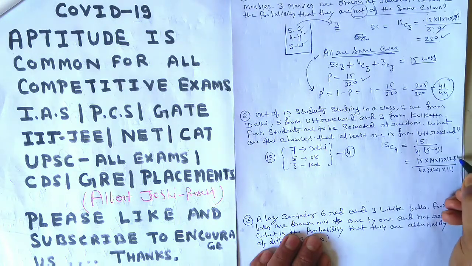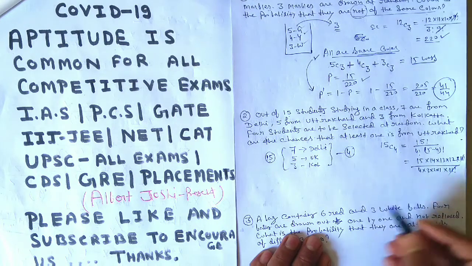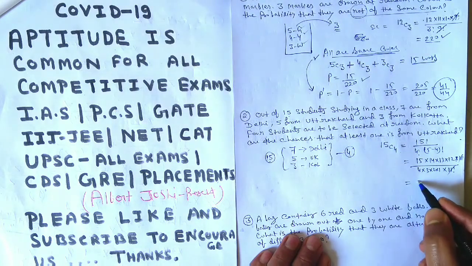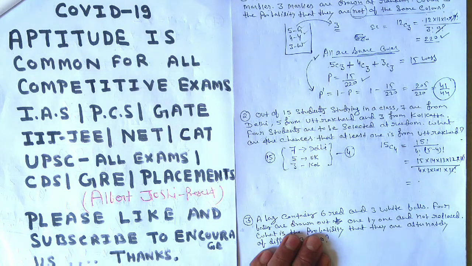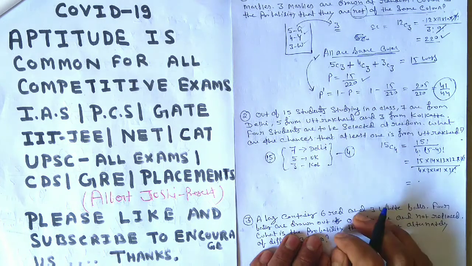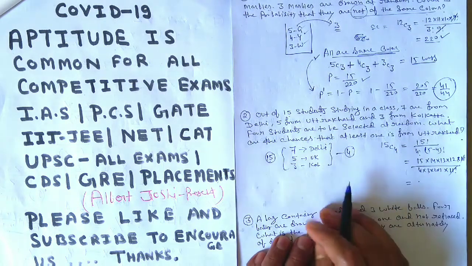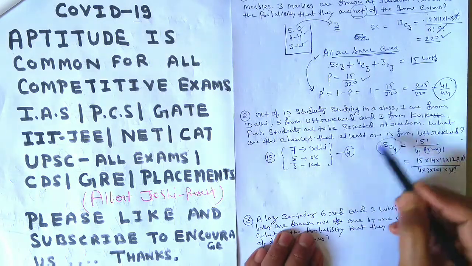Both 11 factorial cancel. We will solve the total calculation after some time. This is the sample case.